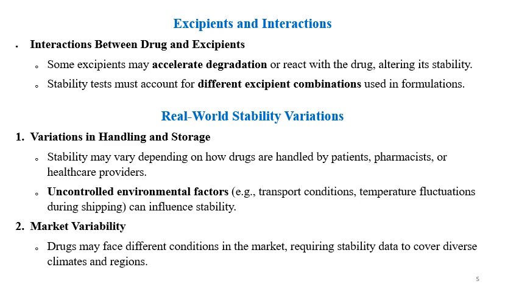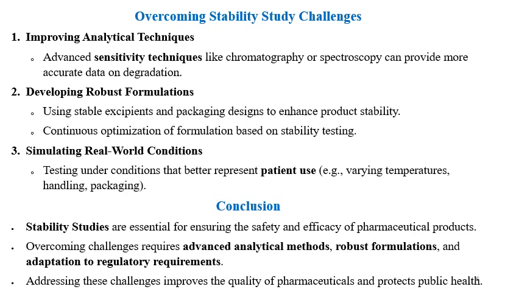Market variability is another real world stability variation. Drugs may face different conditions in the market, requiring stability data to cover diverse climate conditions and regions. These are the most important and key challenges in the stability studies.